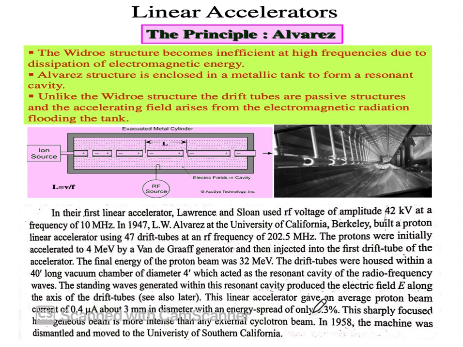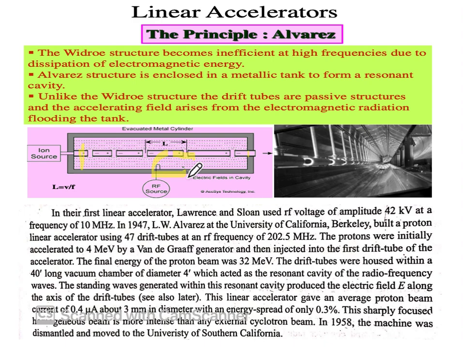The protons were initially accelerated to 4 million electron volts by a Van de Graaff accelerator, and then injected into the first drift tube of the accelerator. The final energy of the proton when it comes out is 32 million electron volts. The drift tubes are housed within a 40-foot long vacuum chamber of diameter 4 foot, which acted as the resonant cavities.